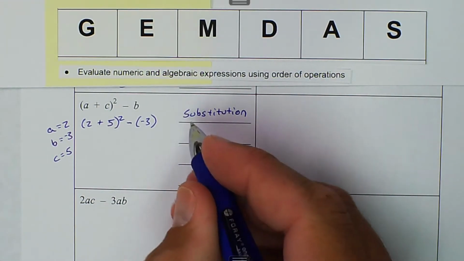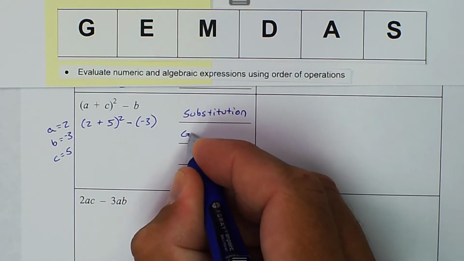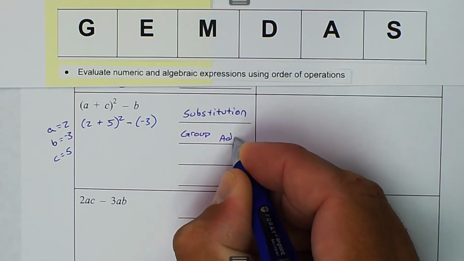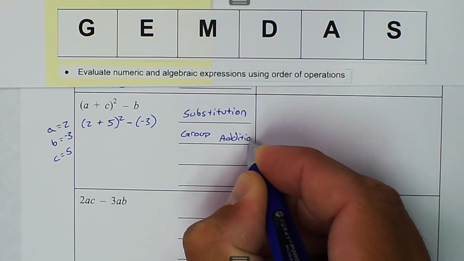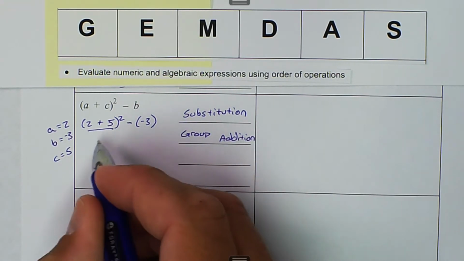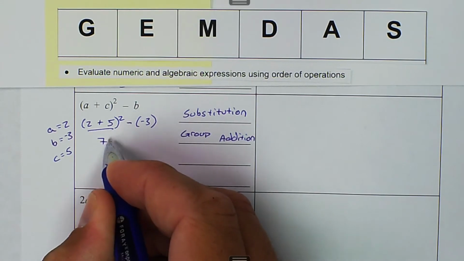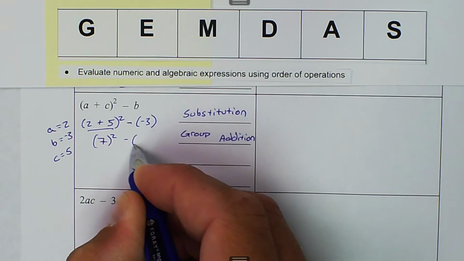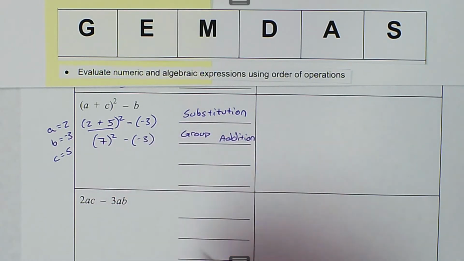This time we do have groups. And inside that group, we have the operation of addition. So we can say 2 plus 5. We can do that math. We get 7 squared minus a -3.